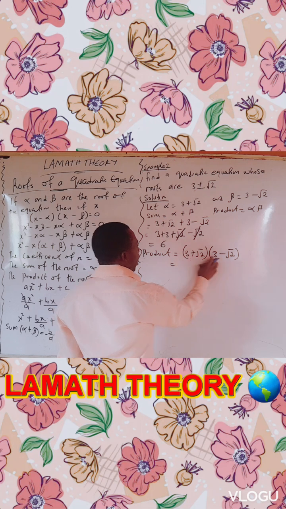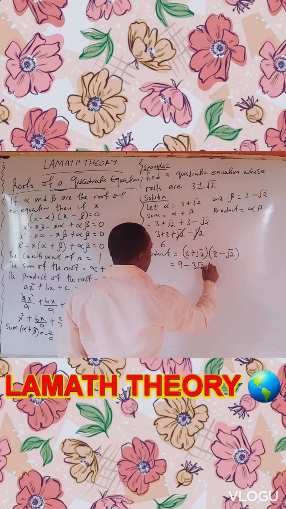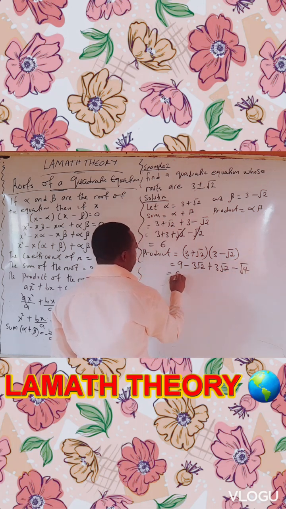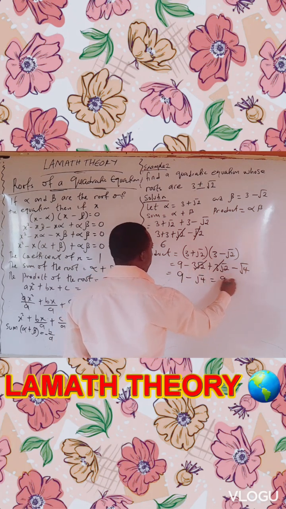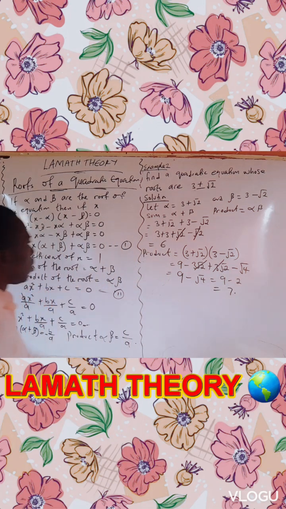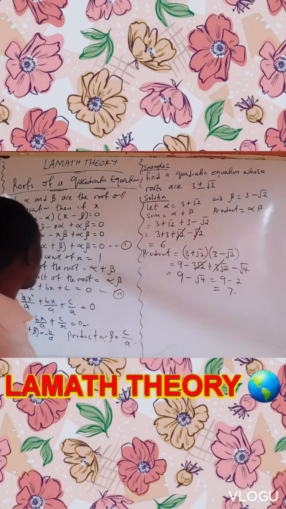So we have 3 times 3, this is 9. 3 times minus root 2 is minus 3 root 2. Plus root 2 times 3 is 3 root 2. Plus times minus is minus root 4. So we have 9, this cancels this, which is 0. So 9 minus root 4, so we have 9 minus 2, so we have 7. So our sum is 6, then our product is 7.